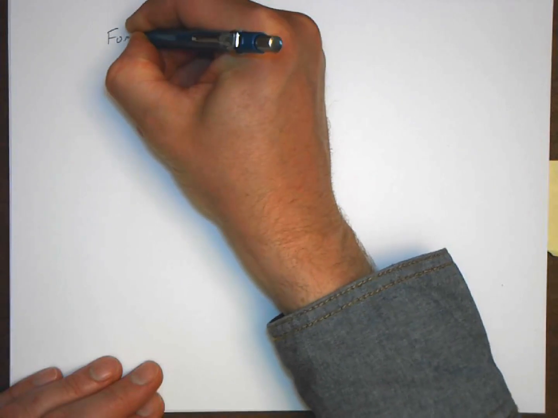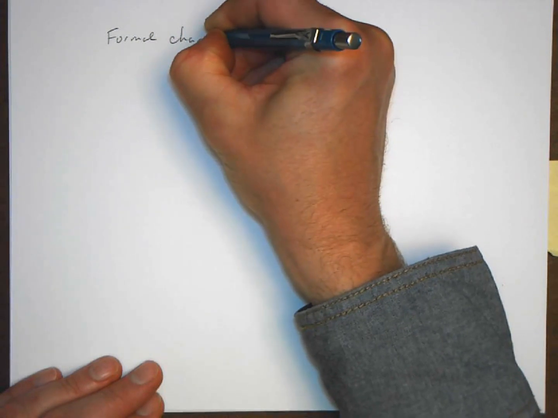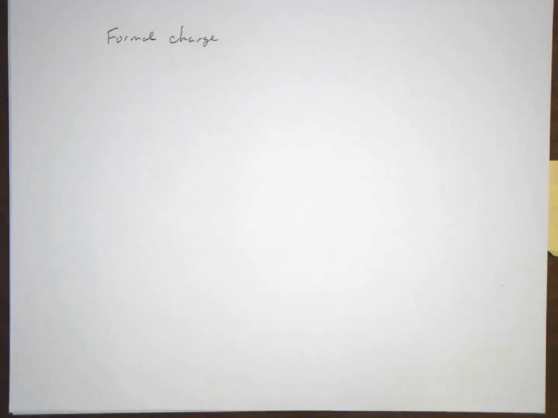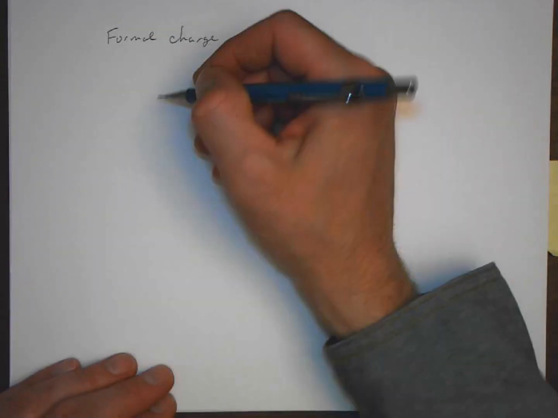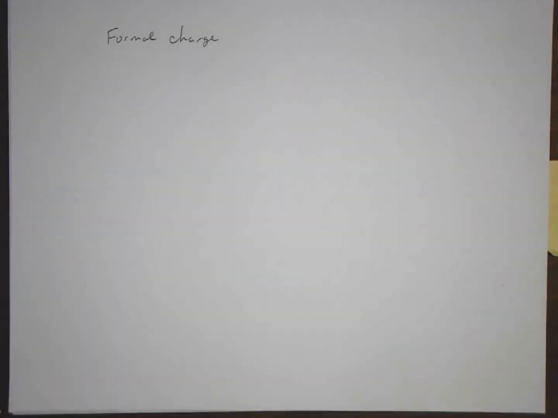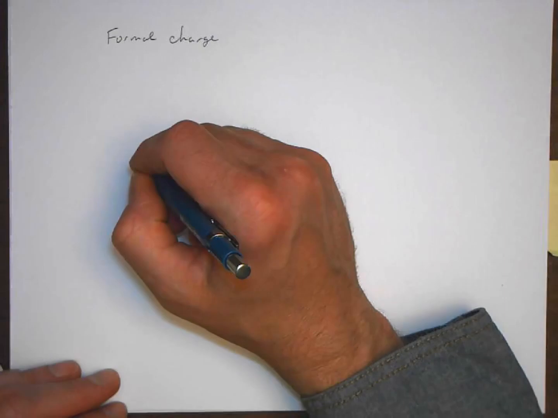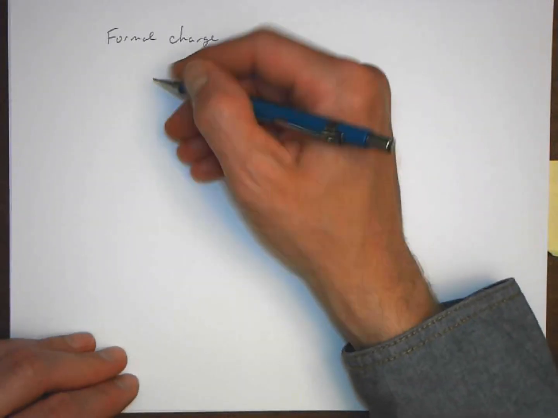Okay, finally, what we're going to do is look at something called formal charge. Formal charge can be used as a way to help you decide between 2 alternative Lewis structures that you've drawn, and which one might be the more accurate depiction of a molecule.